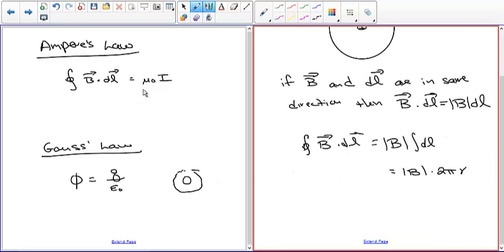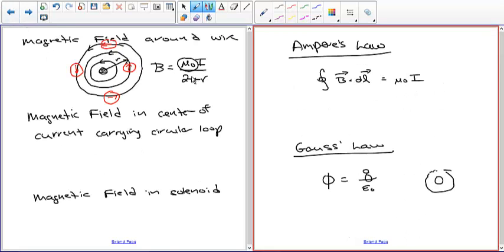And so Ampere's law says that for this particular case, the strength of the magnetic field at some distance, times 2 pi r, is equal to mu 0 times I. And if you solve for the strength of the magnetic field at a particular radius, it's going to be mu 0 times I over 2 pi r, which is exactly what the formula is. So that's how they got that. Okay.